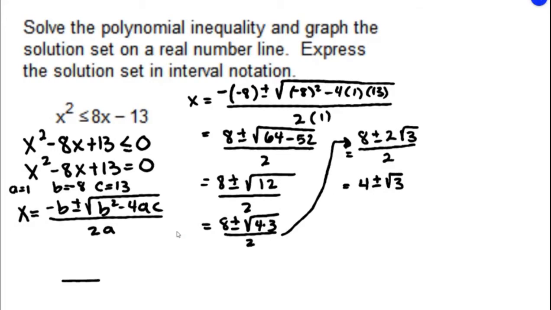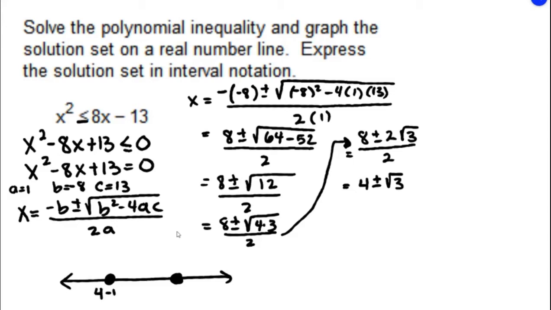So I'm going to mark this on the number line. And 4 minus square root of 3 will be less than 4 plus square root of 3. I'm going to mark my boundary points with filled in dots because my inequality has an equal to in it, so I know these boundary points will be included in the solution set.